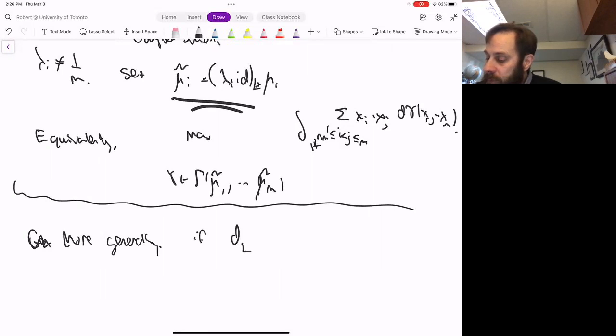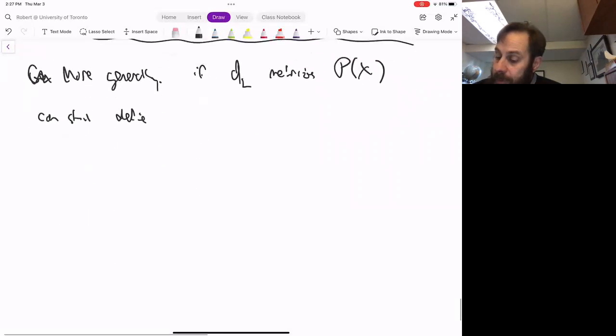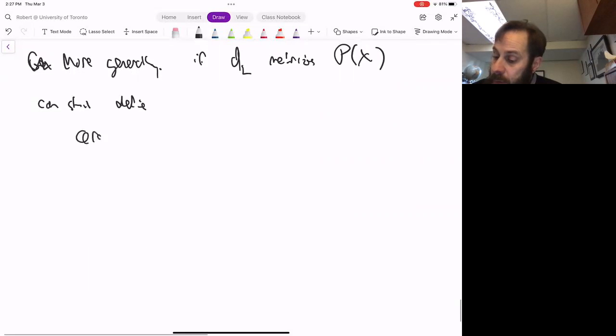If d_2 metrizes the probability measures on some other Polish space, you can define the Wasserstein barycenter by the argument, no, this is not right.